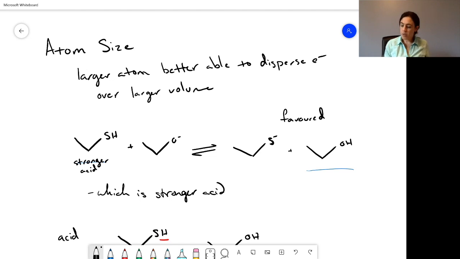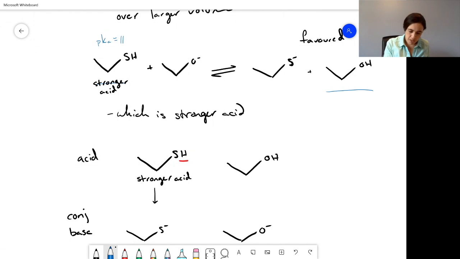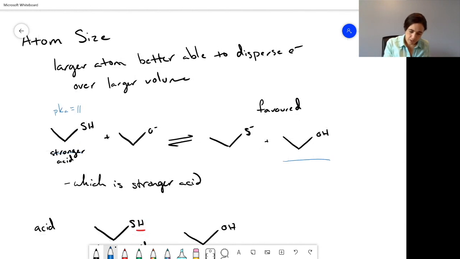All right, we could once again confirm this with pKa's. So the pKa of a thiol is approximately like 11. I think it's 10.6 for this one in particular. And a pKa of our alcohol is, hopefully you guys remember, around 16.